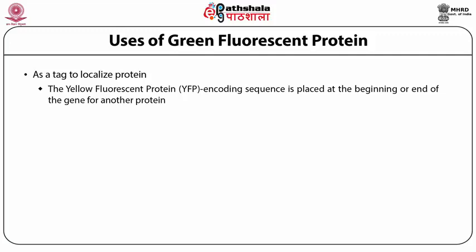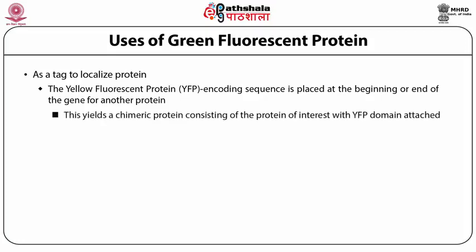For example, you want to see the product of a gene, the protein, where it is targeted. So you take that gene along with its promoter, and downstream of that, you clone the GFP gene. You will create a fusion protein. When the gene promoter is activated, the native protein as well as GFP, which are fused together, are expressed.